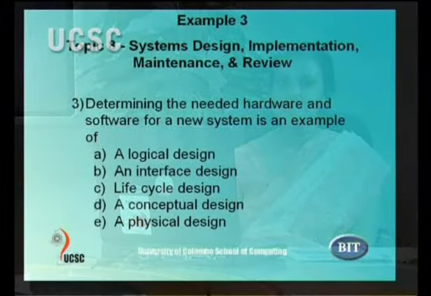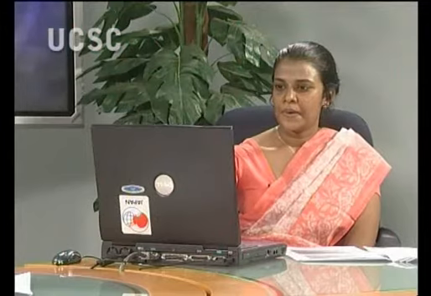If you look at the physical design, that is actually the correct answer, because in the physical design you have to mention the performance characteristics of hardware: what hardware we are going to use for input, output and processing, and also what capabilities are needed in the software.